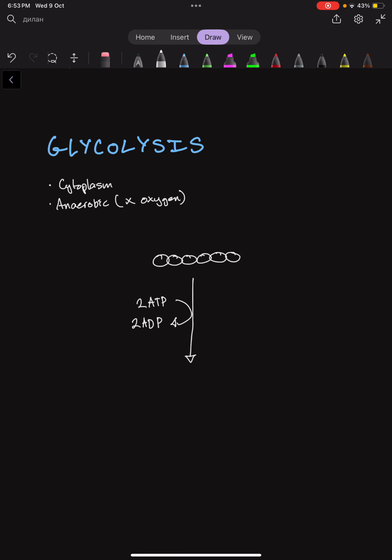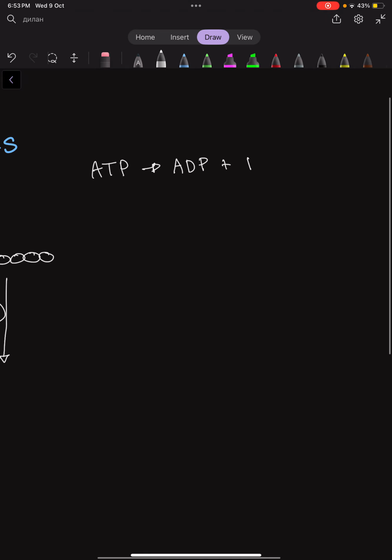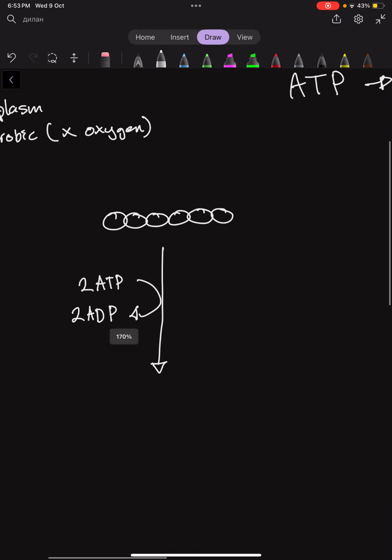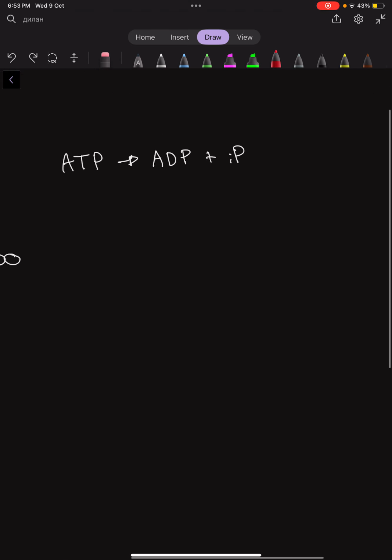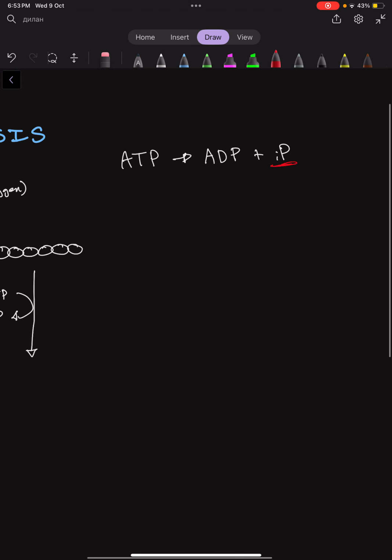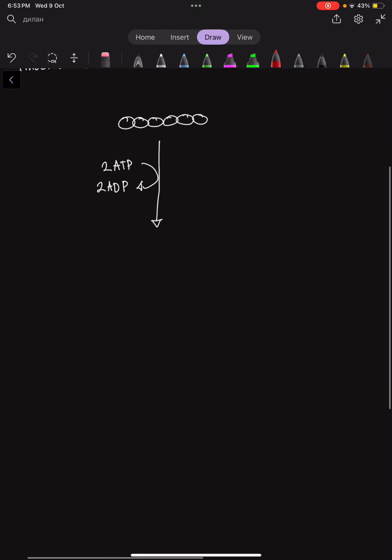Now, if we recall, ATP hydrolysis, or ATP breaking up, is ATP to ADP plus an inorganic phosphate, sometimes written with a little i. So if that's what's happened here, and there's 2 ATPs, that means there must be 2 inorganic phosphates swimming around. What happens to those 2 inorganic phosphates is that they just jump right on the end.